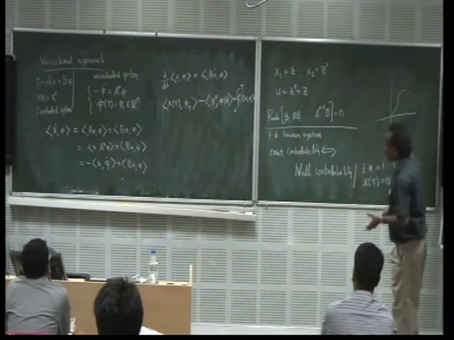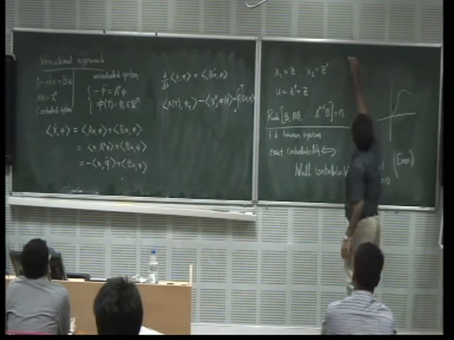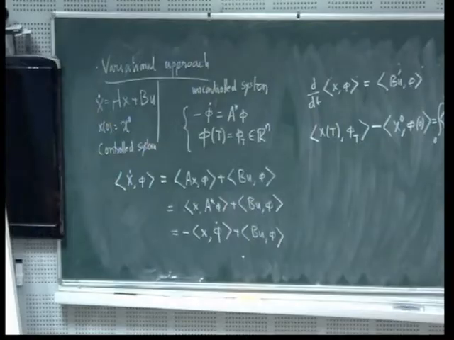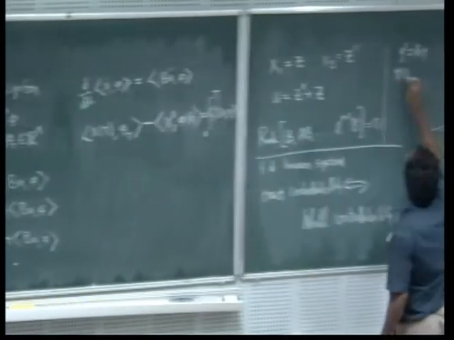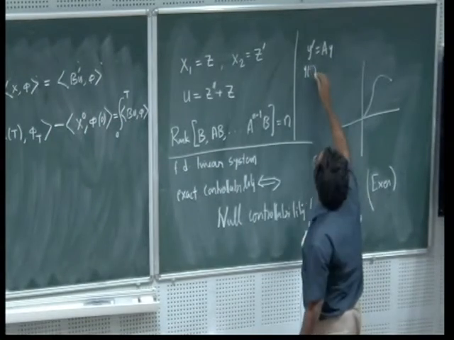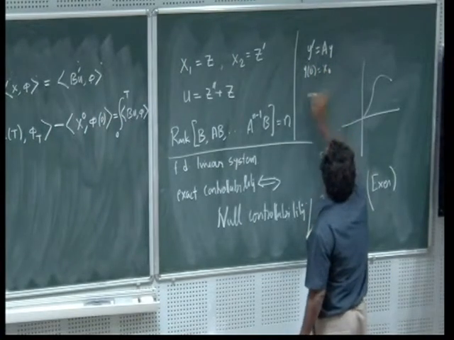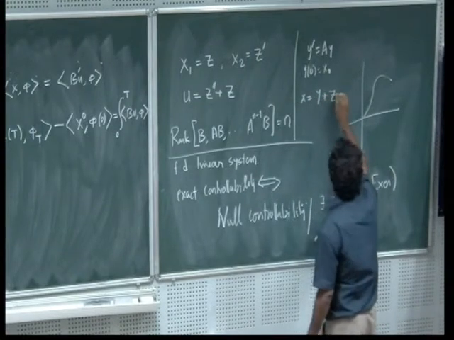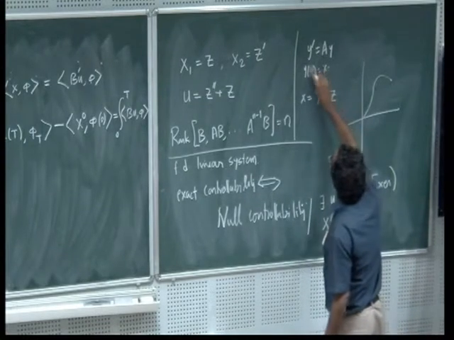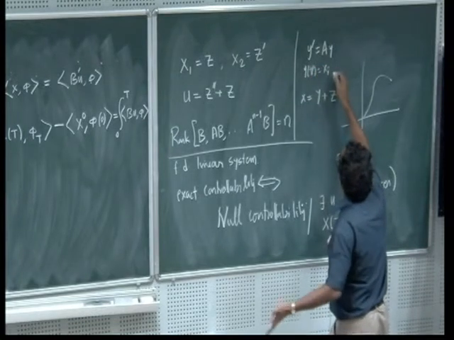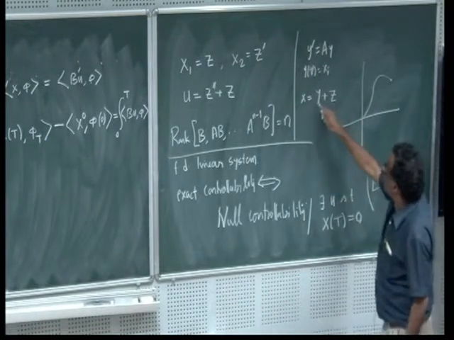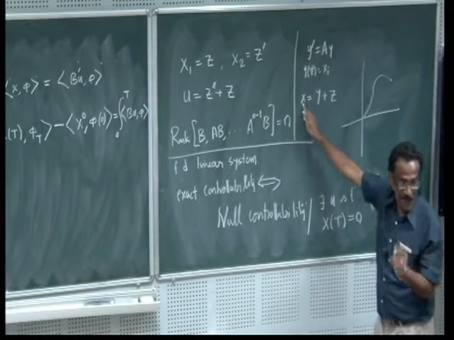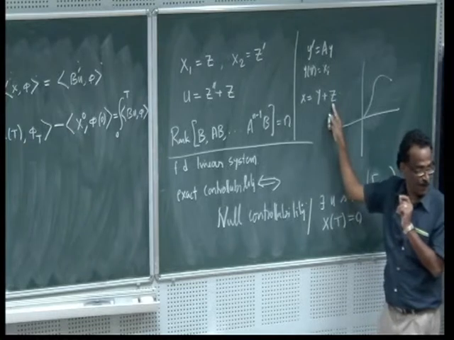trivial. So the idea is that first you look for y prime equal to Ay, with y at 0 equal to x naught, and then look for a solution of the form x equal to y plus z. You can work that out, maybe it's there in the notes also. So the exact controllability of x will be equivalent to the null controllability of z.